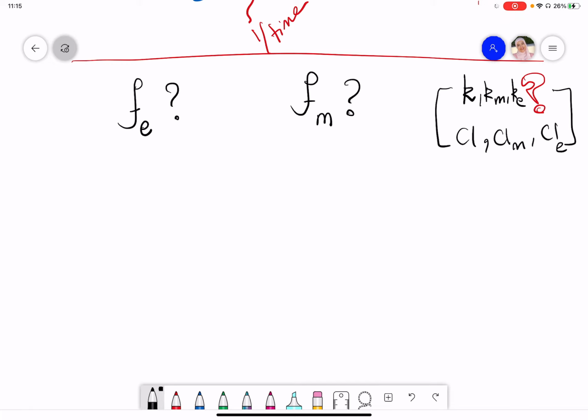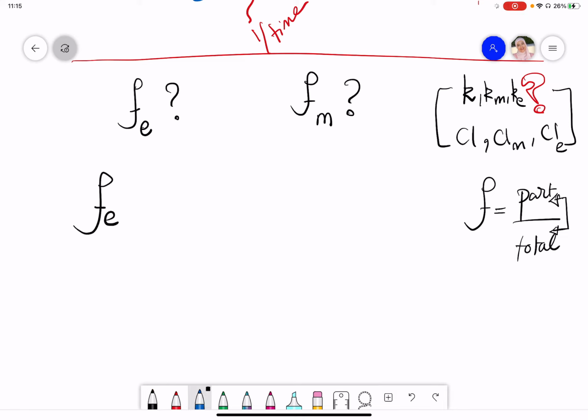Again, if we remember that the fraction in general is part over total, we need to use the related part to the related total, right? We need to have both of them.